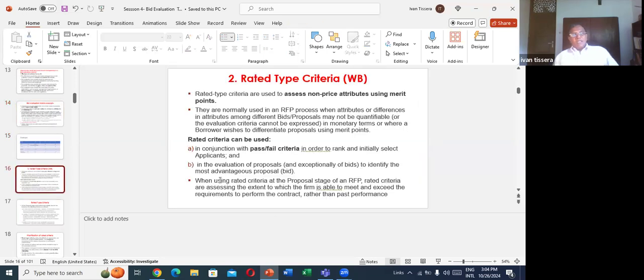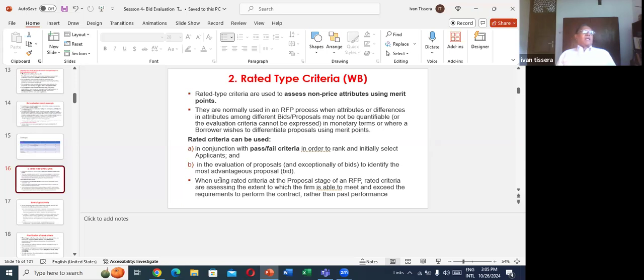Right. Now the second method is rated type criteria that also given by the World Bank. World Bank has issued various guidance notes and reports. They have mentioned that. Can you remember in our evaluation methods, I mentioned this rated type criteria and we didn't have time to explain.